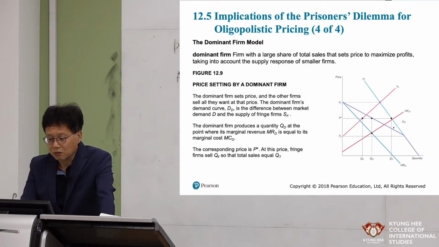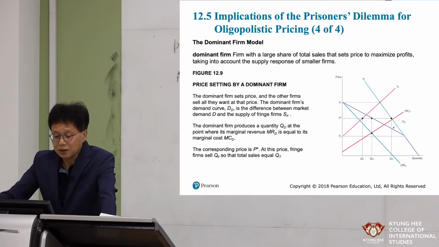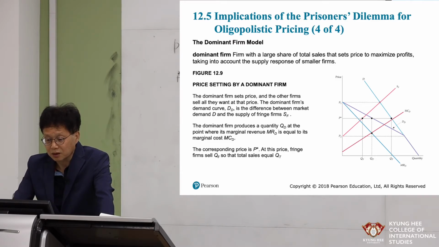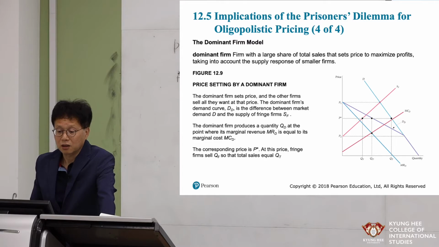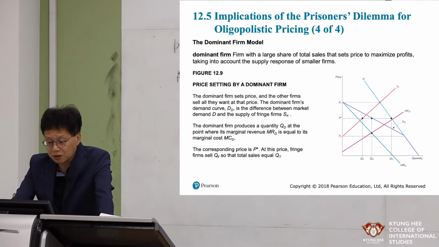Price setting by a dominant firm, figure 12.9. The dominant firm sets the price and the other firms sell all they want at that price. The dominant firm's demand curve is the difference between market demand and the supply of fringe firms.